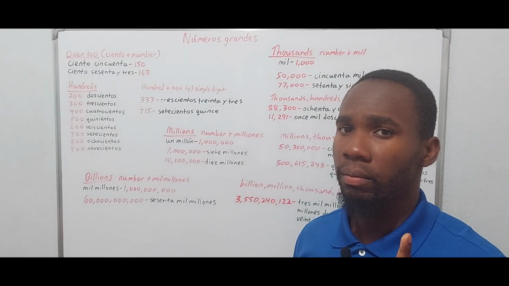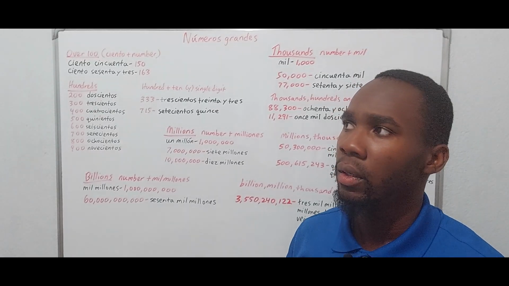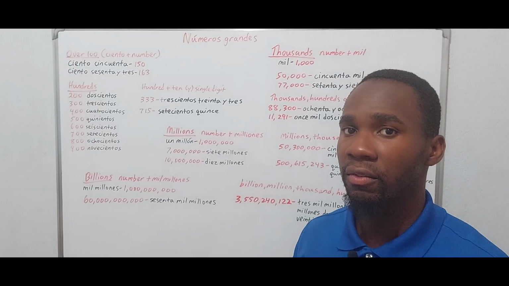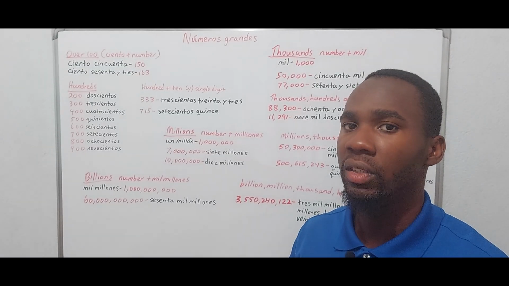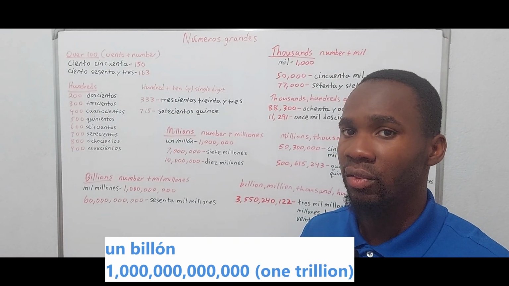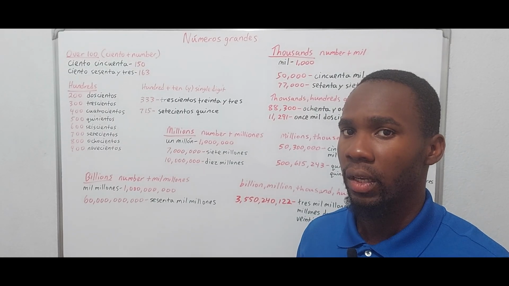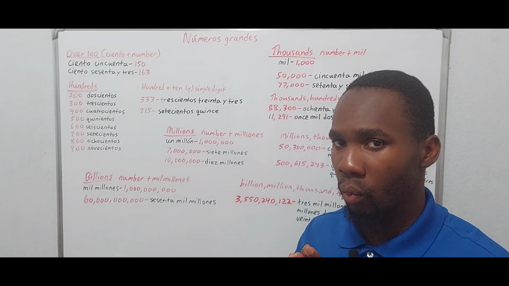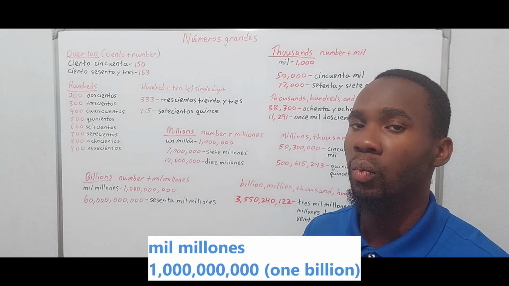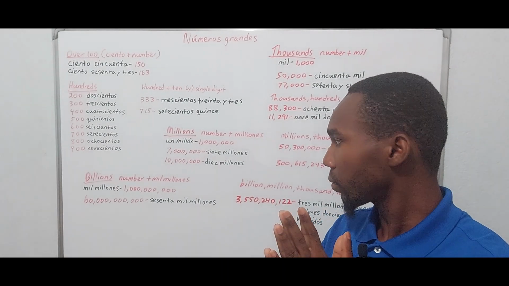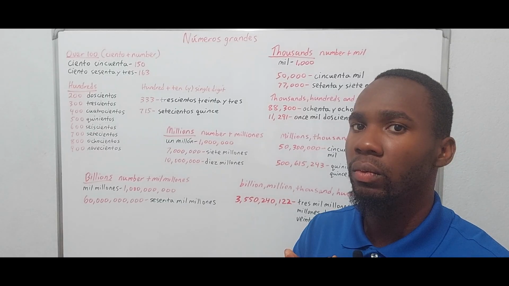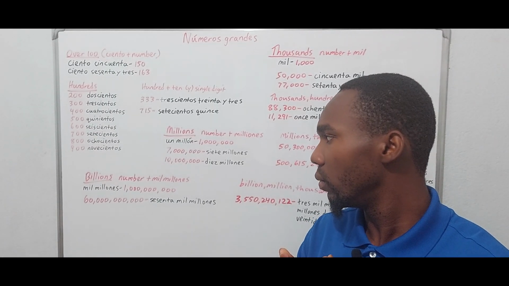Now, fíjense. A lot of persons will think that billion in Spanish is billón, but that's a false friend. Billón is actually a trillion. So, un billón is 1 trillion, okay? And 1 billion is mil millones. Not un mil millones, mil millones is 1 billion. And the same rule applies with regard to adjectives.